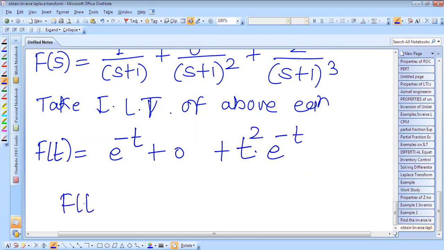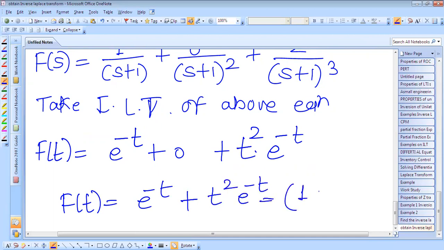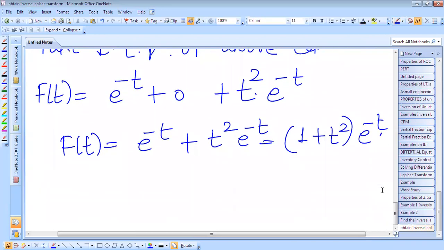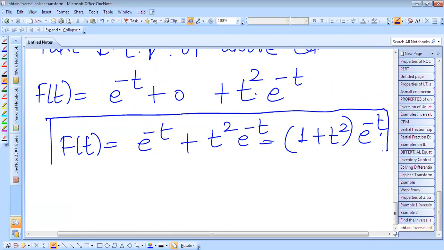So f of t is equal to e raised to power minus t plus t square into e raised to power minus t, that is, 1 plus t square into e raised to power minus t, and this is the inverse Laplace transform of the given function.